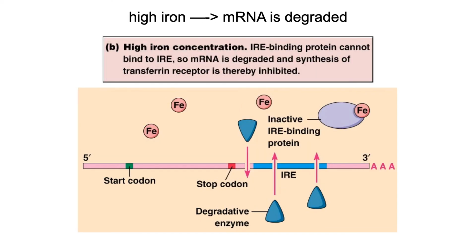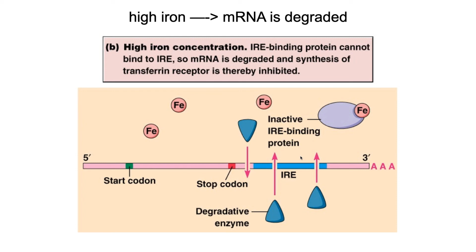As the iron levels increase, they bind that IRE binding protein and inactivate it. It can no longer bind the IRE, and now the messenger RNA becomes vulnerable to these degradative exo and endonucleases, which is perfect. As soon as the concentration of iron is too high, we no longer make transferrin receptor protein and thereby no longer bring iron into the cell.